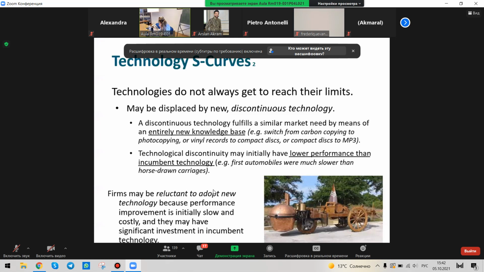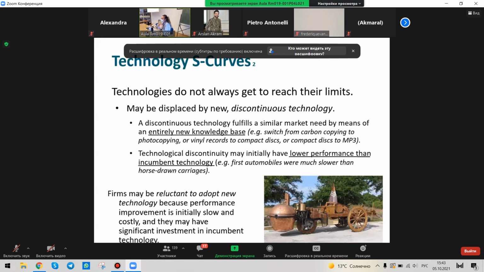Also, we may have the so-called reluctancy of the incumbent, so of companies that developed a previous technology and maybe are working on incremental innovation about the existing technology.